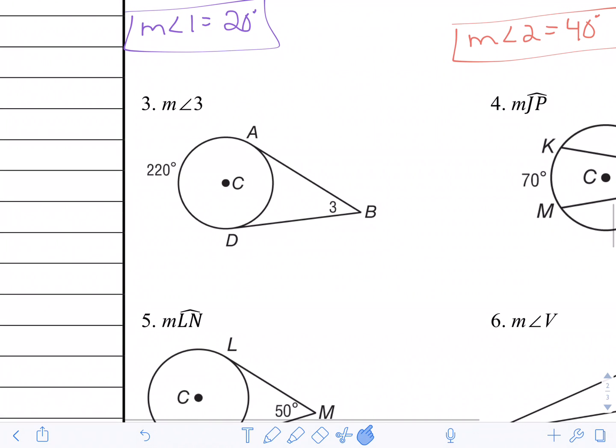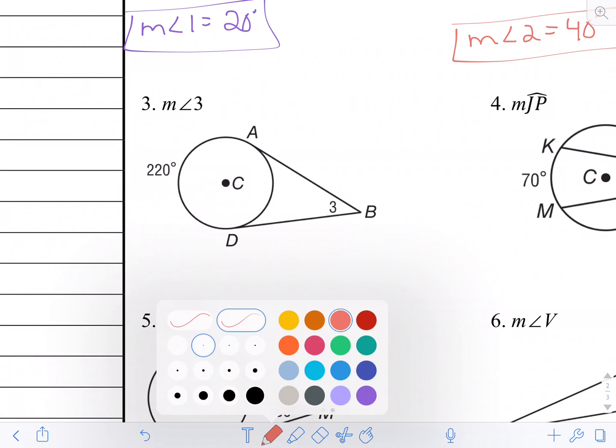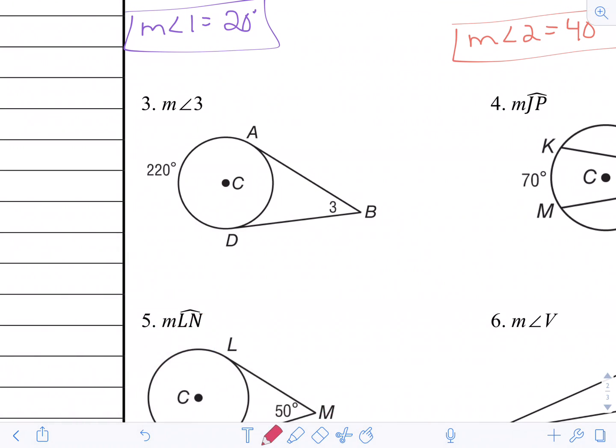All right, number 3, we're trying to find the measure of angle 3. Angle 3 is here on the outside, but here you just have 220 degrees. So you need to figure out what this piece is right here. All you have to do is 360 minus the 220 degrees, and that will give you 140.